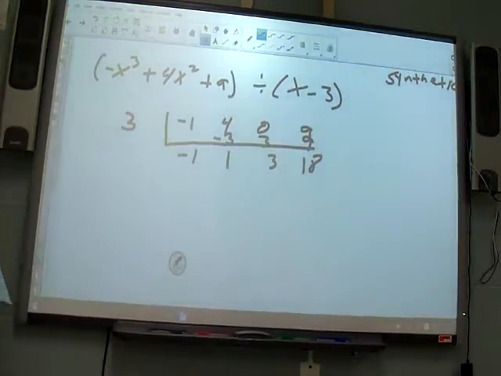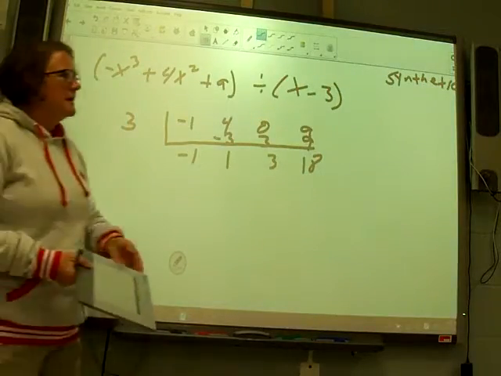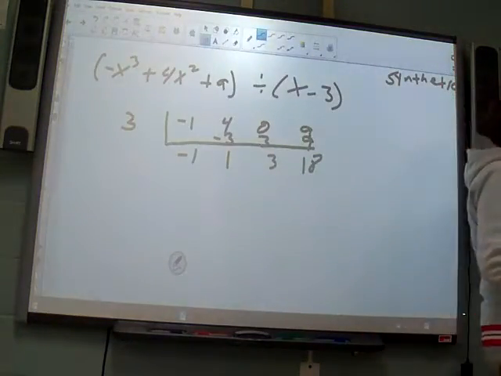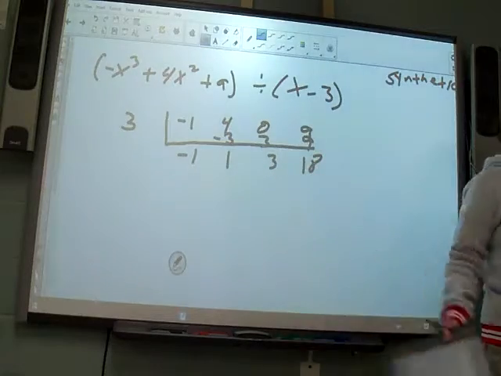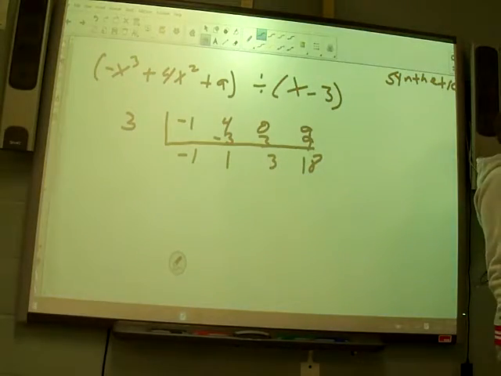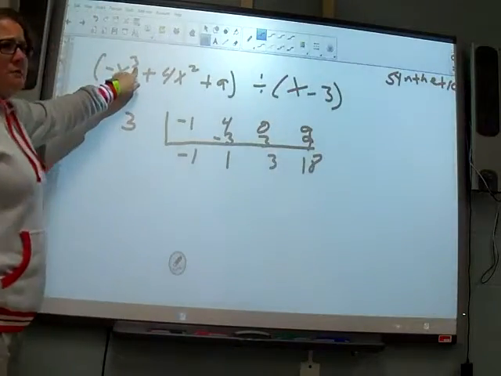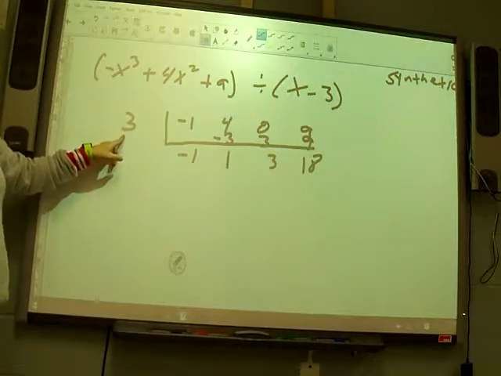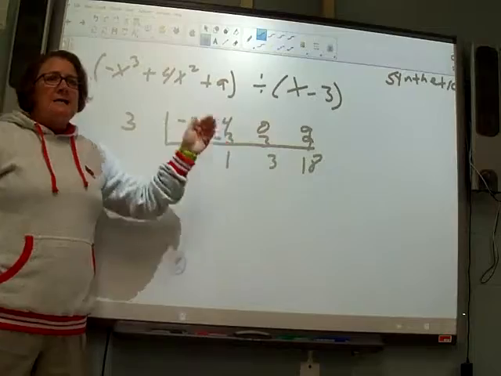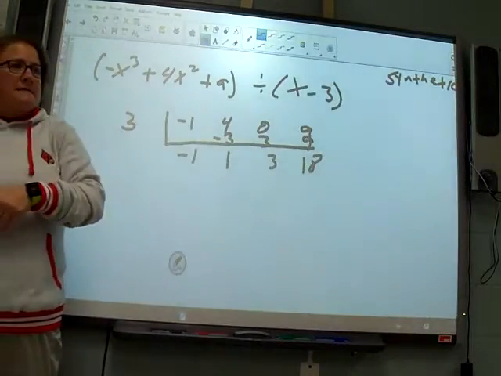Way shorter, way faster, but that doesn't look anything like this kind of answer. So I've got to be able to make this look like some kind of answer like this. We started with an x cubed and divided by an x. So my answer here has got to be 1 power less than that.